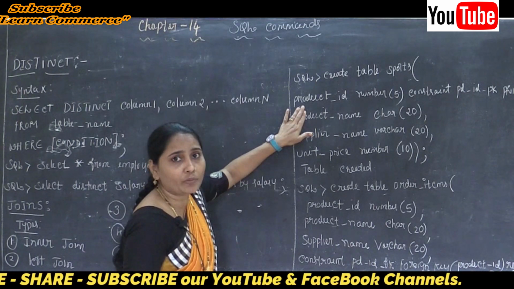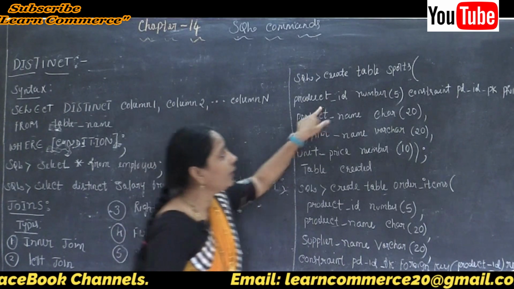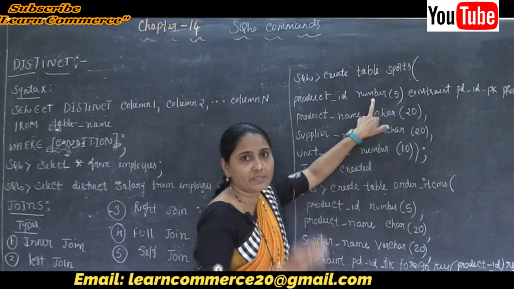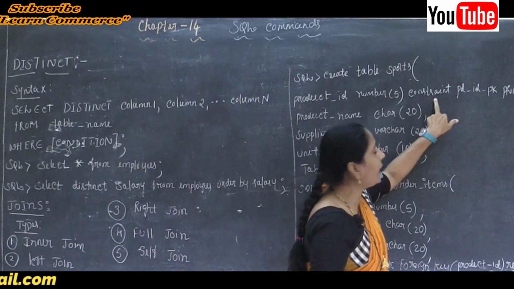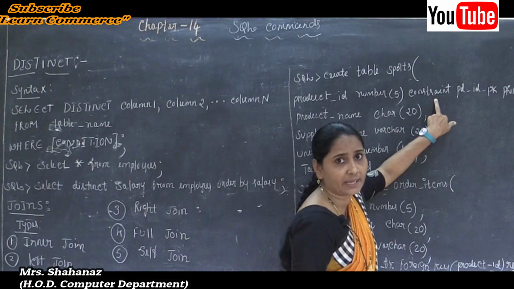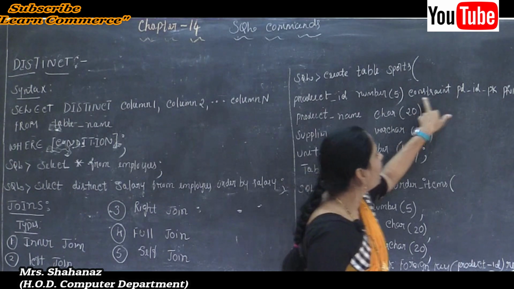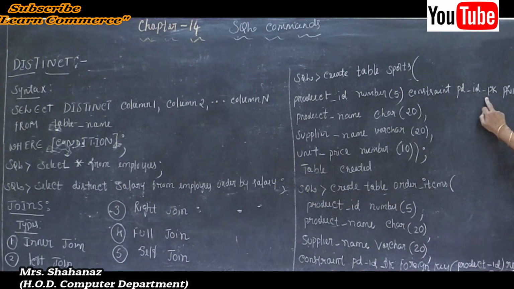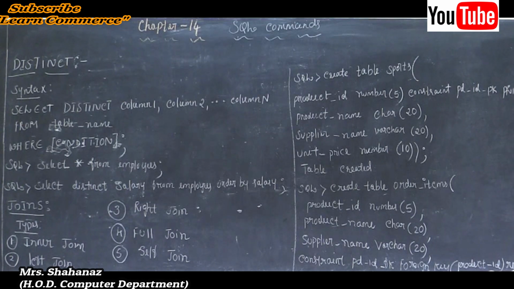So the names of the columns in table sports are product_ID. Data type is number, that means we can use numbers like 1 2 3 4, correct? And the constraint_name is optional, because it is within brackets in the syntax. If you want, you can use it while creating the table, and otherwise after number 5 you can directly go for the primary key.